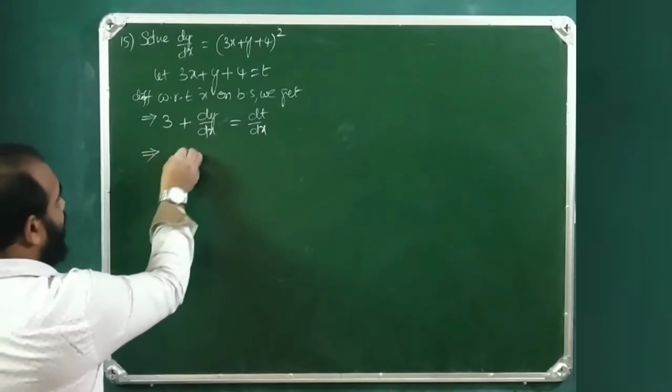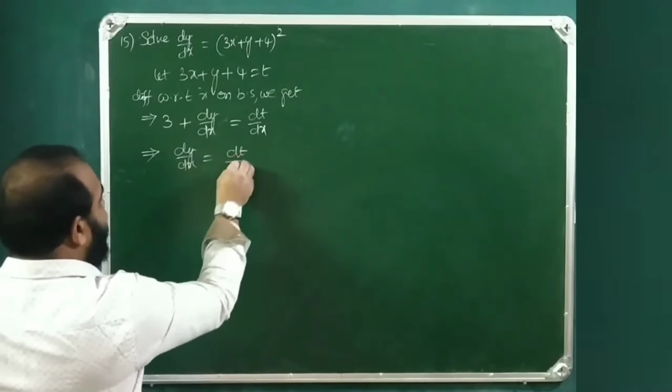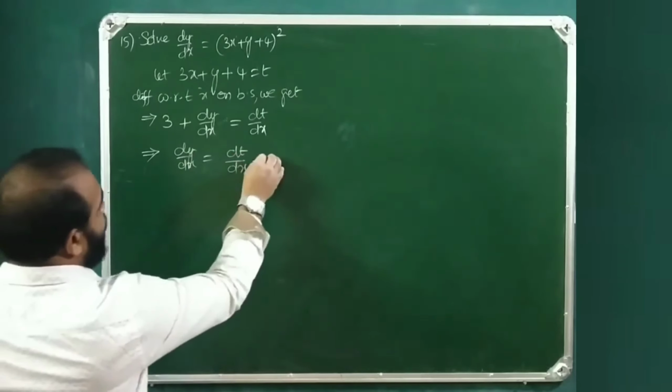So from this, dy by dx equals dt by dx minus 3.